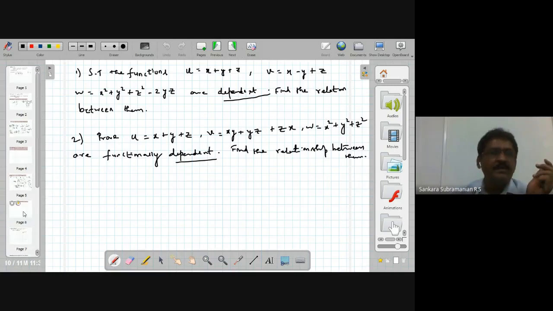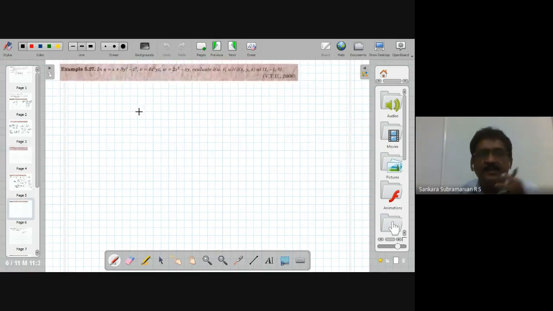So based on these properties, the second, third and fourth, we do some problems. Before that, can you do this small problem? This is at a particular point, so you have to go for substitution.